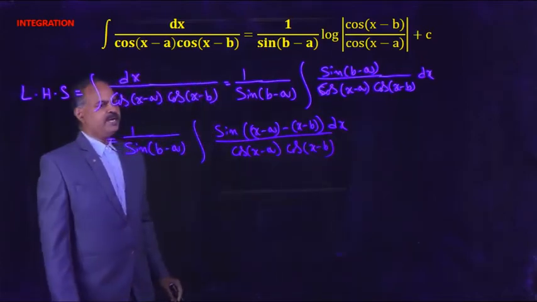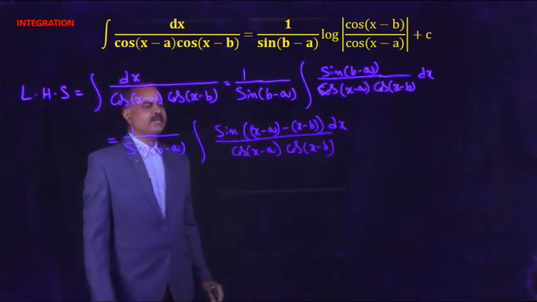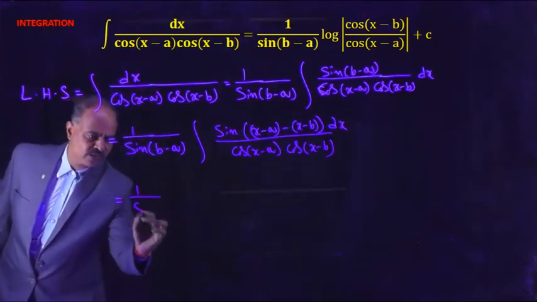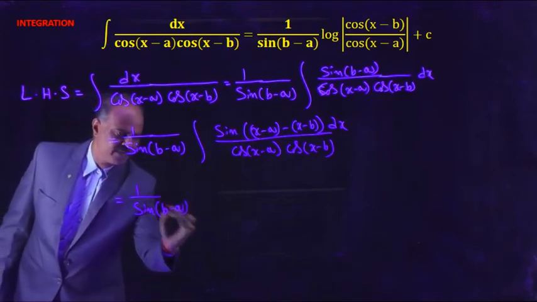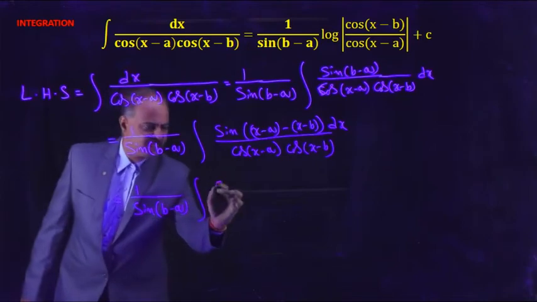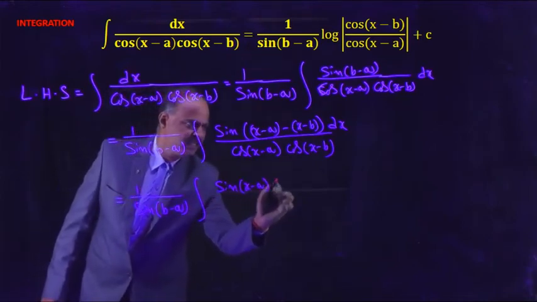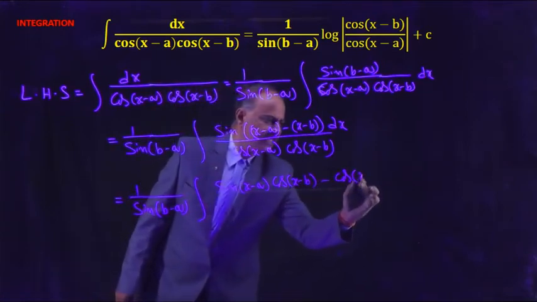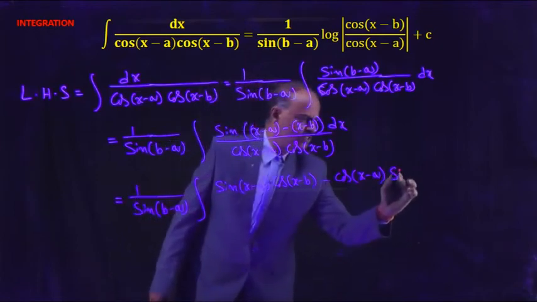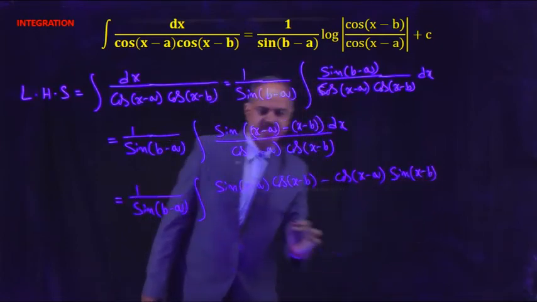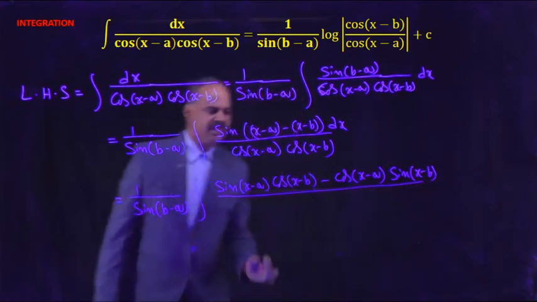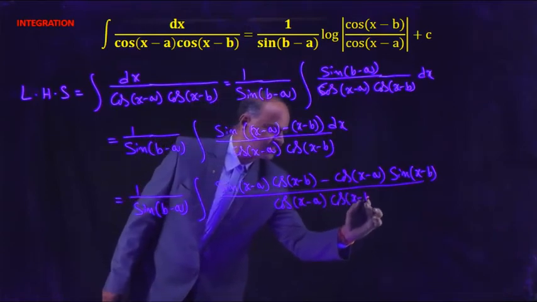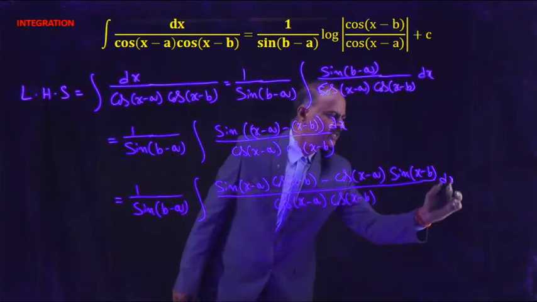Now in the numerator, this is of the form sin(a minus b), sin a cos b minus cos a sin b. Now this is equal to 1 by sin(b minus a) into integral sin(x minus a) into cos(x minus b) minus cos(x minus a) into sin(x minus b), divided by cos(x minus a) into cos(x minus b) into dx.